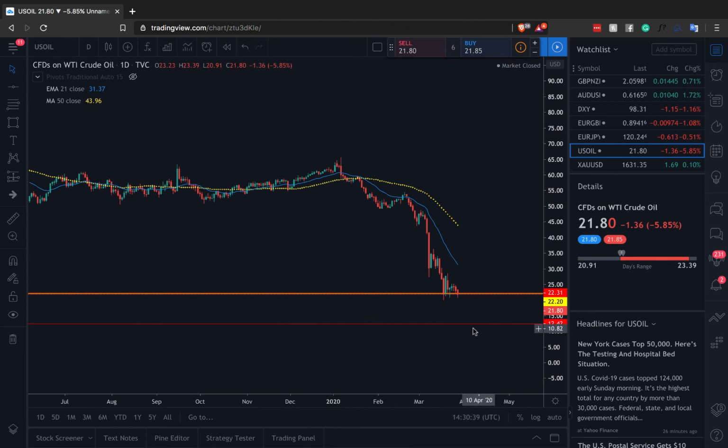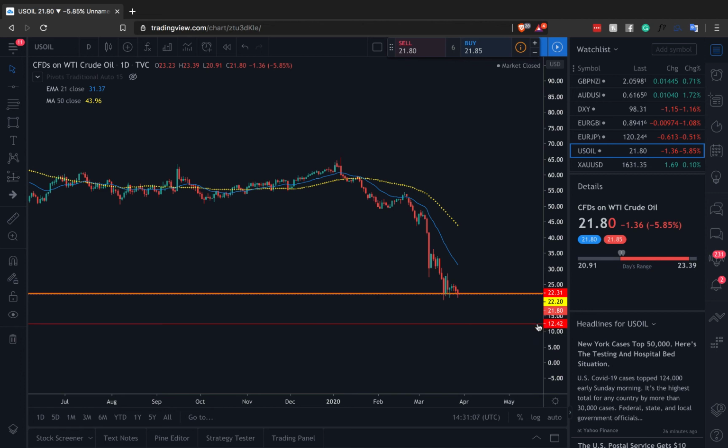Here is the point I think oil will go, because while all the countries are on lockdown, there is not a lot of buying power, because why would people buy oil if they don't need to go anywhere? They're on lockdown, they don't use their cars, nobody's going anywhere, everything stopped. So there is no demand for oil right now, and I could easily see the prices drop down even lower.